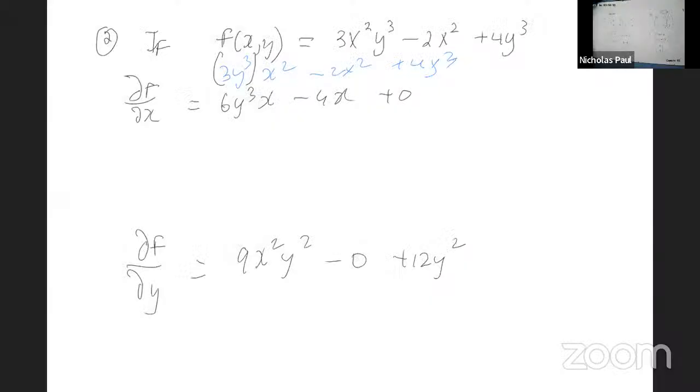It's simple, just treat the other as a constant variable. All right, so that's the way you handle partial derivatives.